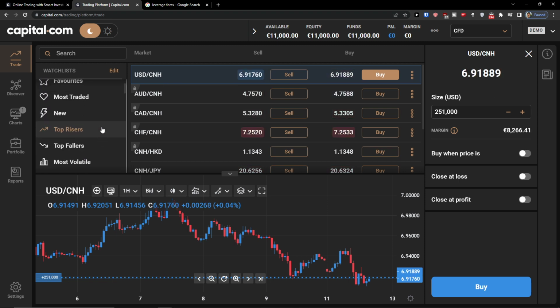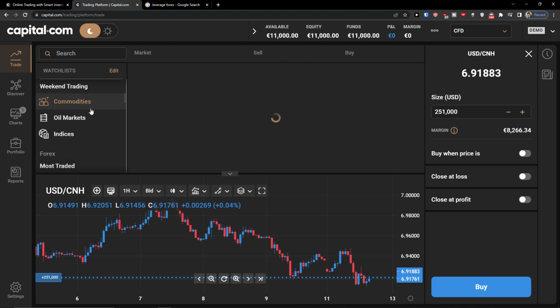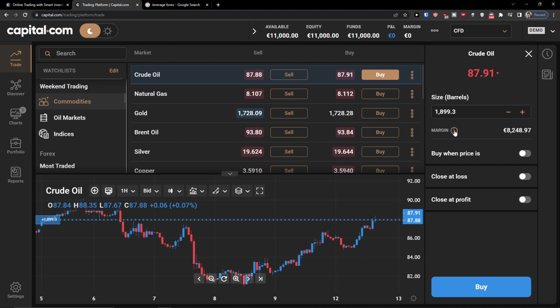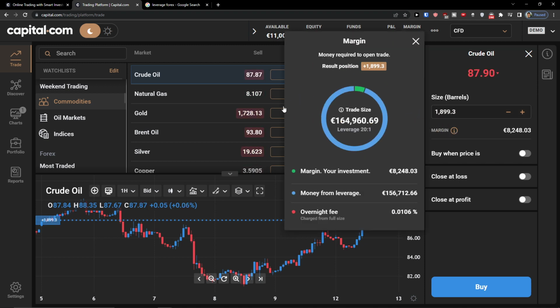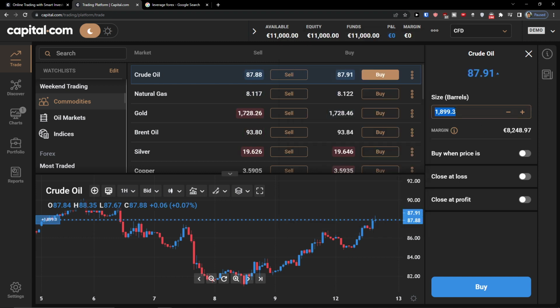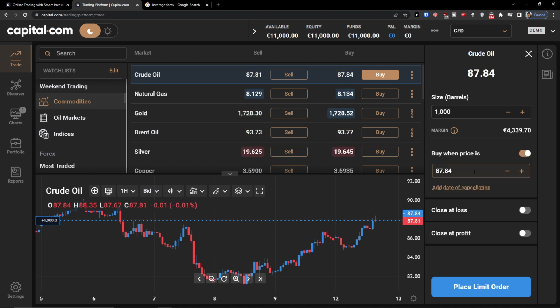The price. So let's say we're gonna be in commodities, and you're always gonna find the margin here. So this is a really great way to see that we're gonna have that. Okay, we're gonna have the size, the barrels. We're gonna invest, let's say, 1,000. And now, buy when the price is going to be, let's say, 90.